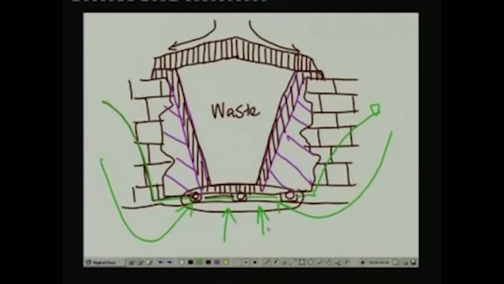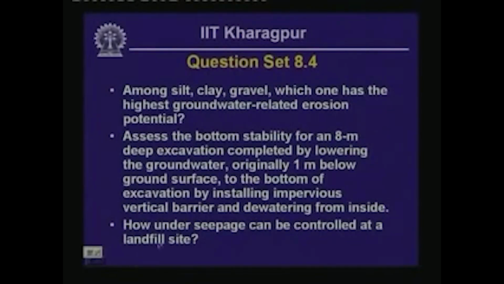So this upward movement itself is going to stop any water that would like to leach out harmful chemicals from the waste body into the groundwater. So these are the measures that we discussed for controlling seepage from a landfill site in the previous lesson. So that actually settles the questions from the previous lesson.